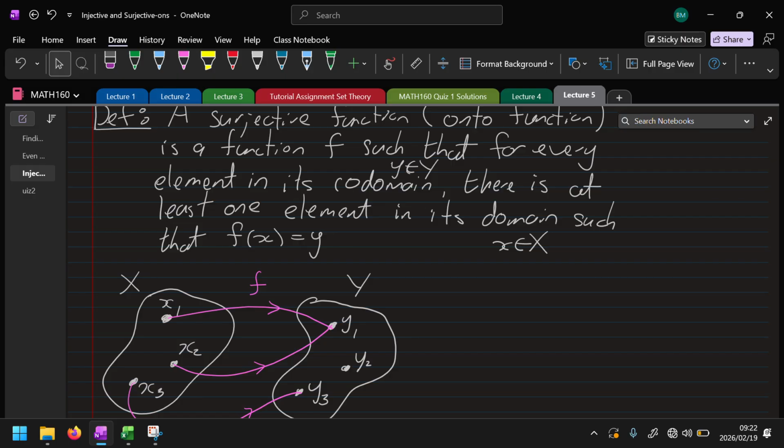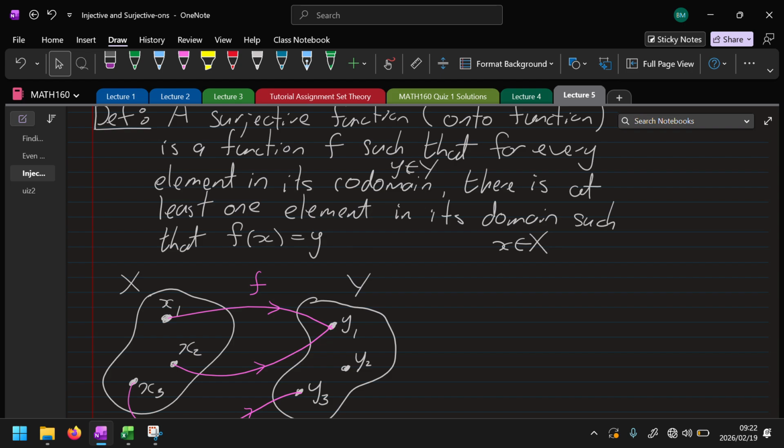For every element in its codomain, we need to go through every element in the codomain and check what? We need to check that there is at least one element that maps to it. Okay, so let's go through the list. There's a finite number of things so we can check. Later on, it's a little bit more difficult. So y1. Is there at least one element that maps to it?